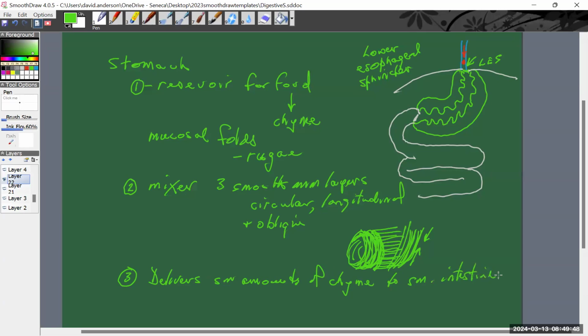So if we look at this stomach, the main part of the stomach, sort of this region right in here, is referred to typically as the body. The part that narrows towards the small intestine is the pylorus. And the part that's closest to the heart is called the fundus.